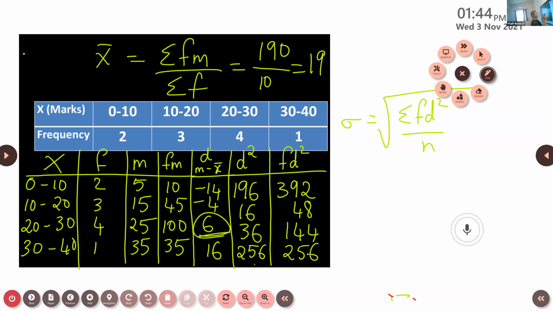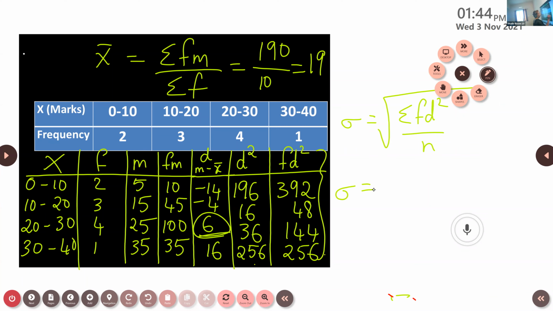Now apply this in the formula. The formula is sigma is equal to square root of sigma FD square by N. Sigma FD square means find the total of all these. You will be getting sigma, then apply that in the formula.